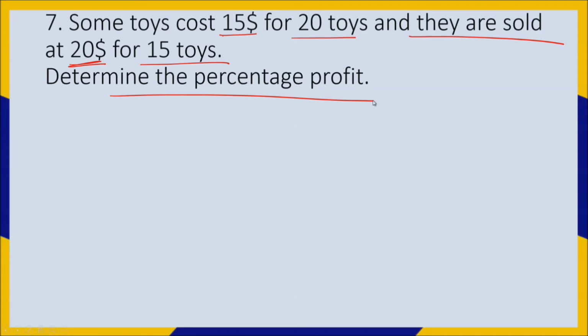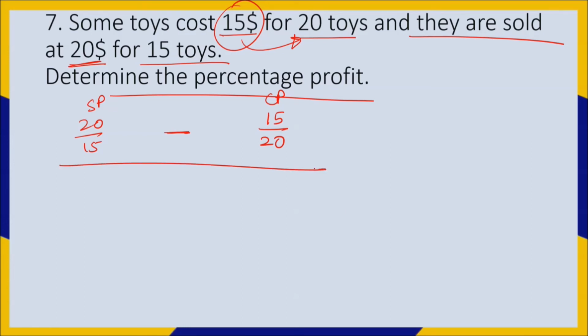Determine percentage profit. हमेशा ध्यान रखें, हमारा जो एक कंसेप्ट था कि हमने जितनी आइटम परचेज करी उतनी आइटम हम बेचेंगे. सो इस केस में हम पर यूनिट पे चले जाएंगे. दैट द कॉस्ट प्राइस इज 15 बाई 20. 15 के लिए टोटल 20 है, सो 15 बाई 20, दिस इज व्हाट द कॉस्ट प्राइस. सेलिंग प्राइस क्या है हमारा, 20 बाई 15. इन दोनों का डिफरेंस इज अवर प्रॉफिट डिवाइडेड बाई CP, दैट इज 15 by 20 into 100. I think this is easy. Okay, this is 4 by 3 and this is, you can say, 3 by 4.